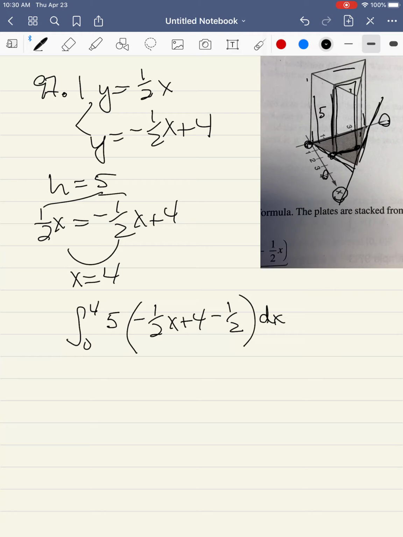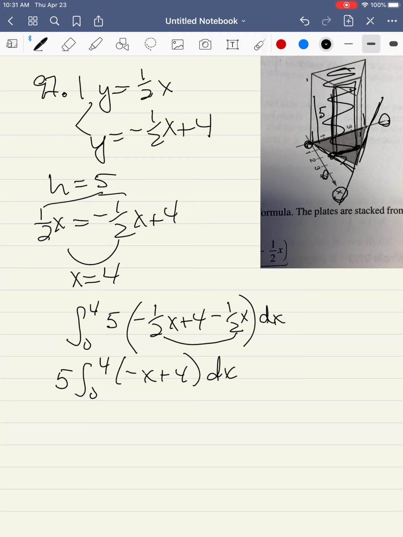All right, so we can pull the 5 out. Oops, that's 1/2 x, sorry. We can pull the 5 out. And then minus 1/2 x and minus 1/2 x would be minus x plus 4 dx. So we integrate that, and that will give us the area, or excuse me, the volume of this solid right here.